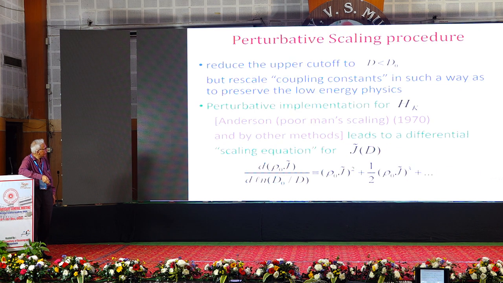So what people said is, let's reduce that bandwidth by integrating out or eliminating these high energy electrons, but keep track of their effects on the low energy physics, and then ask what happens to these coupling constants. So I now invent a new effective Hamiltonian where the bandwidth has been reduced. Then you can show that the coupling constant J, which was there in the model Hamiltonian, will change a little bit. I can write a differential equation for how it changes as I keep reducing the bandwidth, and it turns out to be given by this equation here.